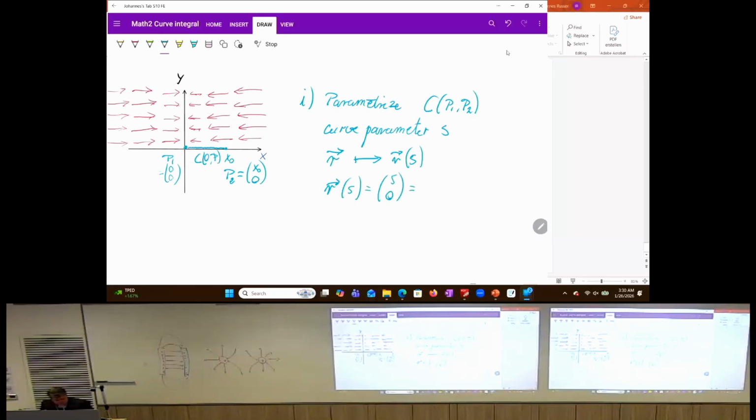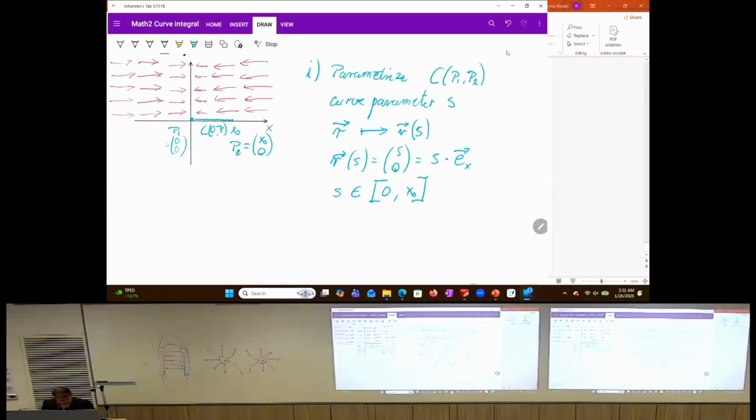You see, because the curve is running only from the point, basically the y parameter stays 0 all the time. Only the x parameter varies. So we have only S along the unit vector in x direction. So S runs, it is an element, it runs from 0 to x naught. This is the parameterization of our curve.